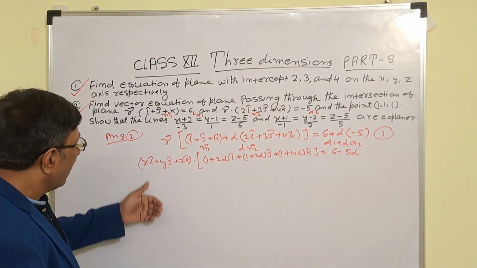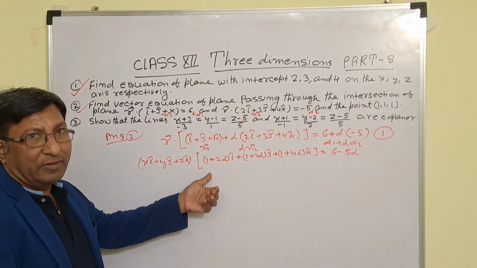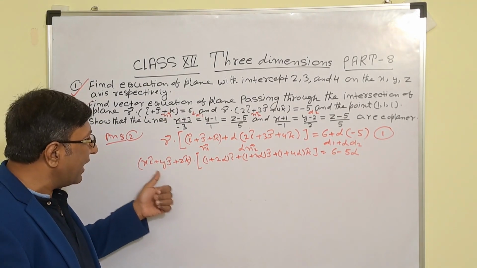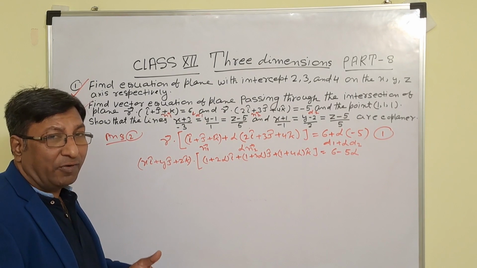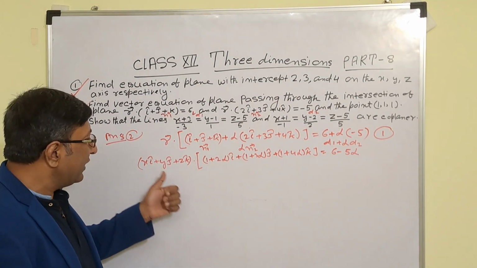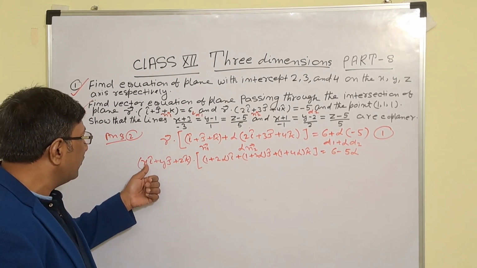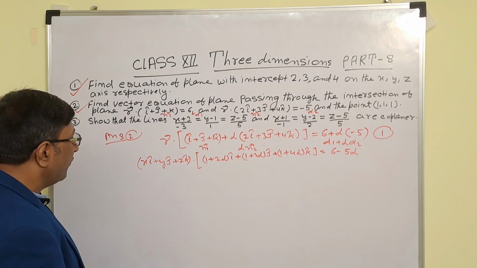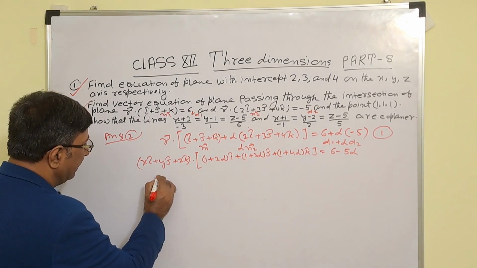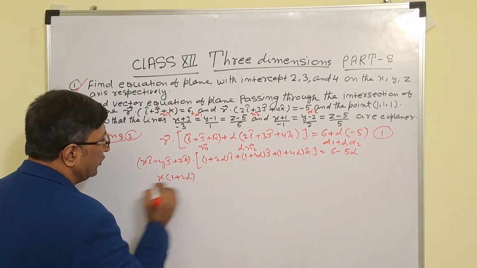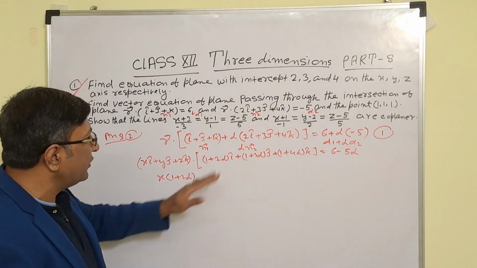Now you know the dot product of this and this. In it, unit vector i dot unit vector i is 1, and i along j or k is 0. So x into 1 plus 2 lambda.